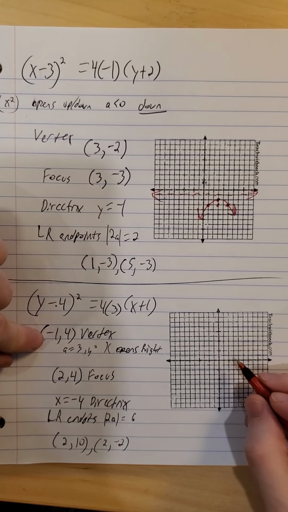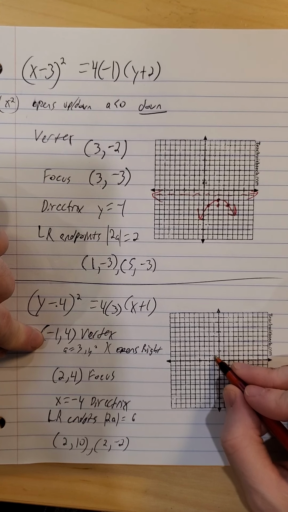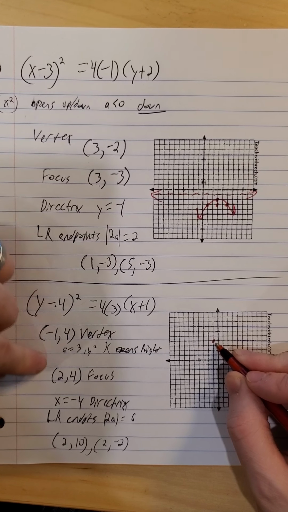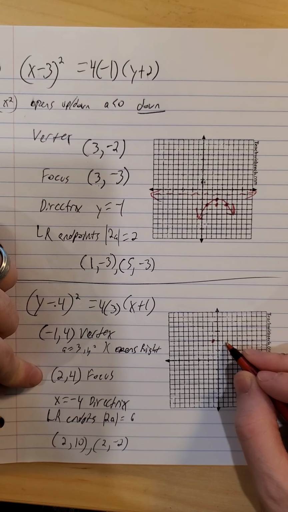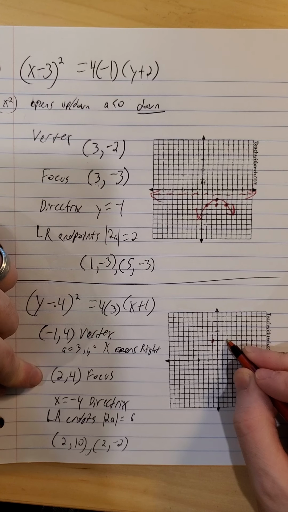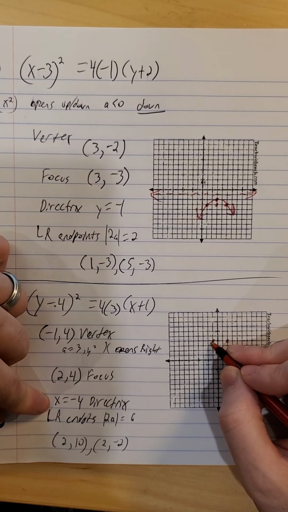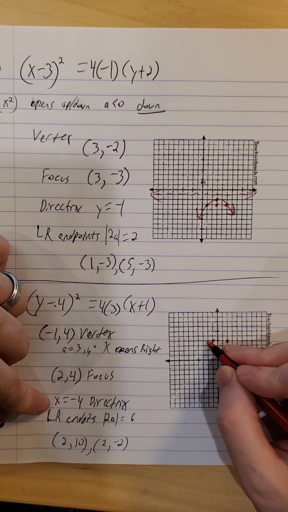Okay, so our vertex was at (-1, 4). Focus at (2, 4). x equals -4, our directrix.